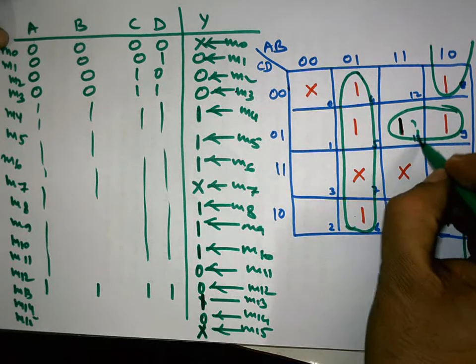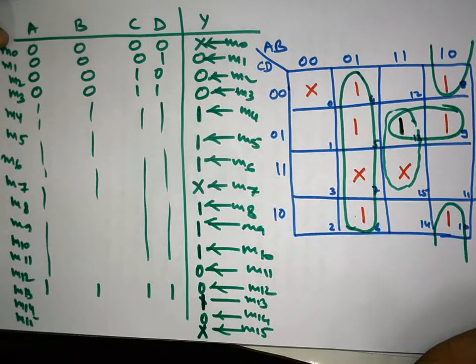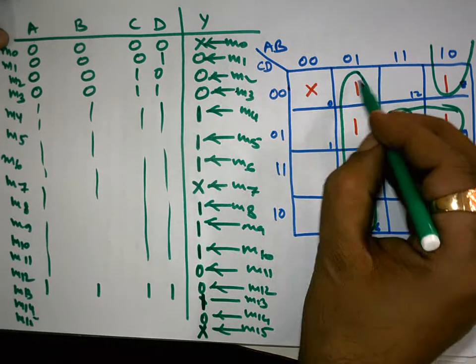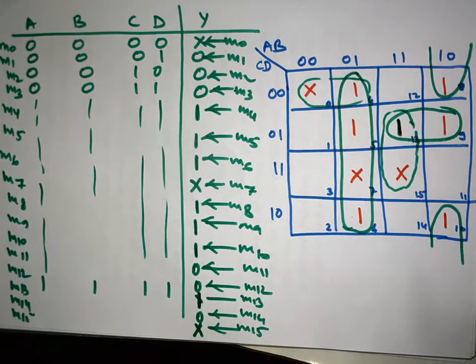If somebody says that, is it correct? No, because this group don't incorporate any fresh one. Is it correct? No. So don't care will come in the group if it incorporates a fresh one. Okay. So always keep these rules in mind while solving any problem.